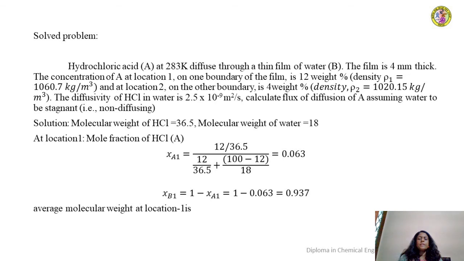So 12 divided by the molecular weight of HCl, that is 36.5, plus the remaining amount, 100 minus 12, represents that of water, divided by 18. So this calculation gives you the mole fraction of HCl at location 1. It is of the value 0.063.